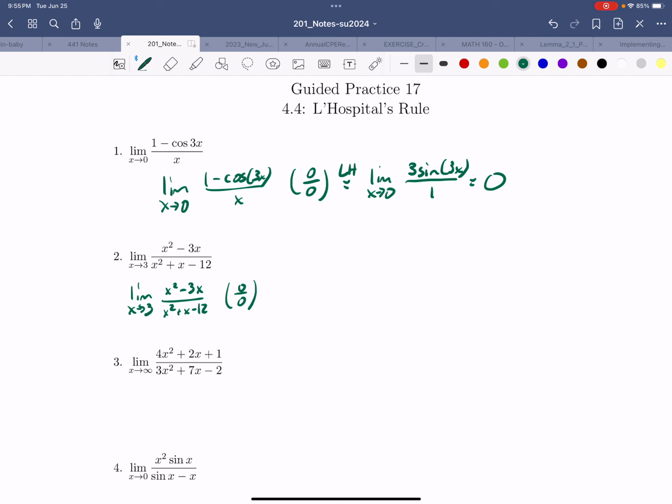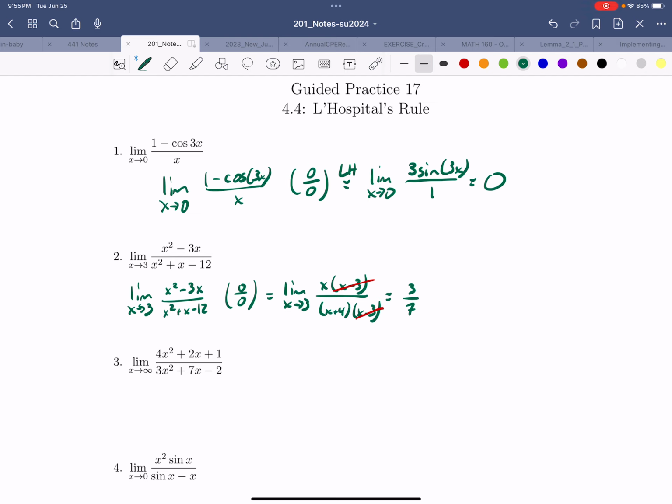And, well, just looking at this one, I would just say that you could use L'Hopital's rule if you want. One thing I noticed immediately was that you could actually just factor out an x minus 3, right? Here we're going to get x plus 4 times x minus 3. And so you just plug it in, and you get 3 over 7.